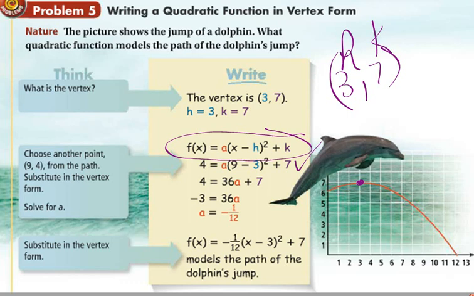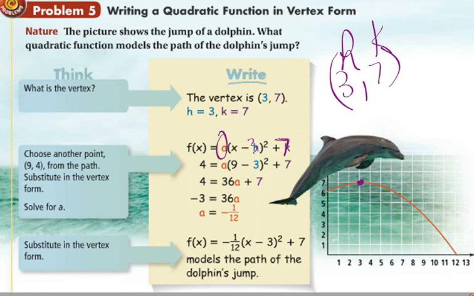Now, something else they've done is they've input 9 and 4. Where did they get those? Well, it looks like they're putting in a 4 for f of x or y and a 9 for x. What they've done, see, when they plugged in our vertex with our h and our k, we have a 3 and a 7.